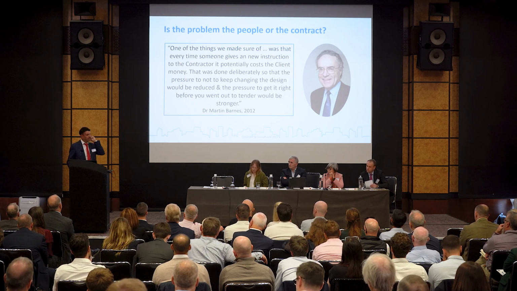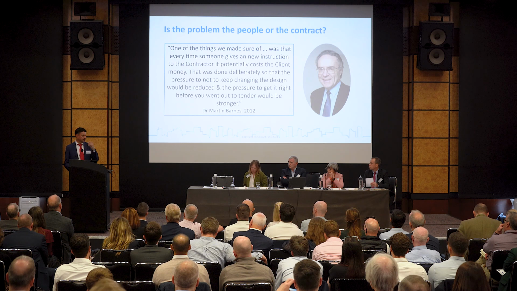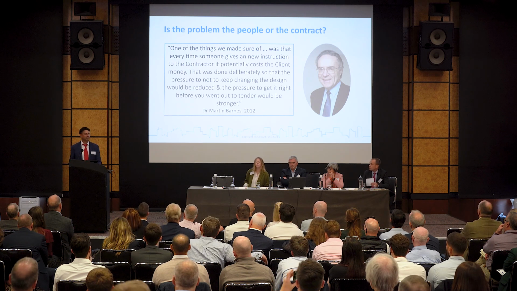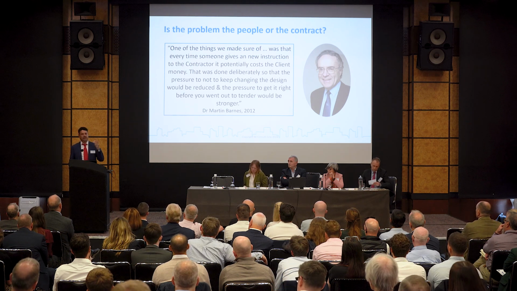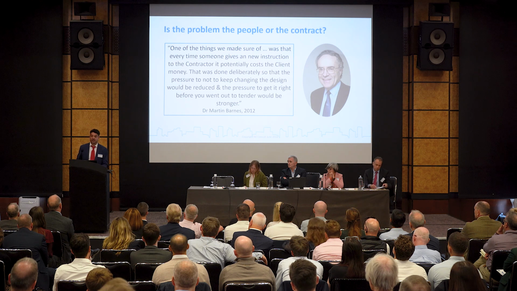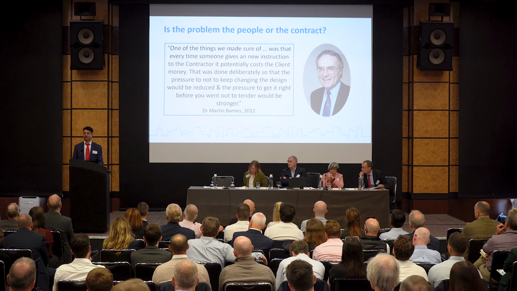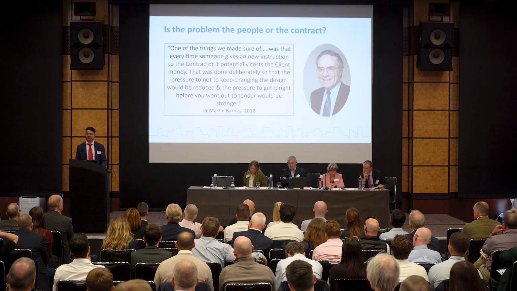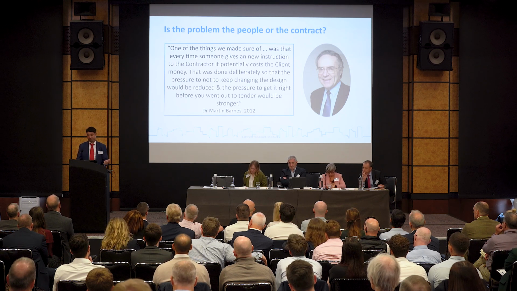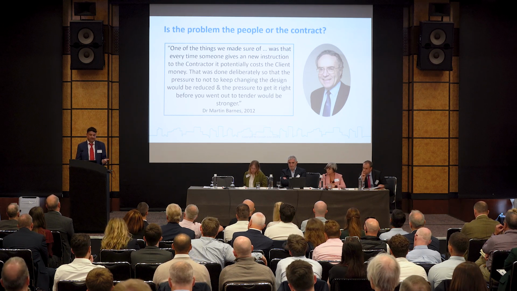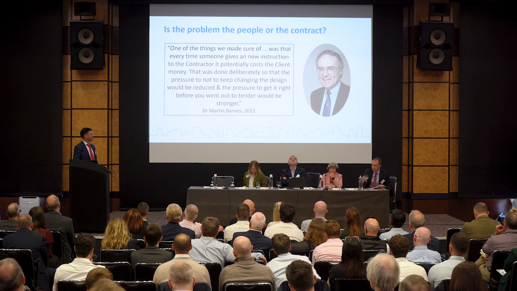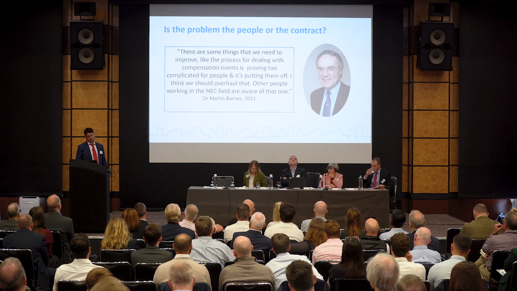And there would only be, and I couldn't find the source, but again, in one of the early texts that I've seen, a paper published by Martin, he says that there should be barely any compensation events because you've sorted the design out. So how do we end up in a situation where we've got hundreds of the things on all the jobs we work on, when he was of the view that there shouldn't hardly be any?